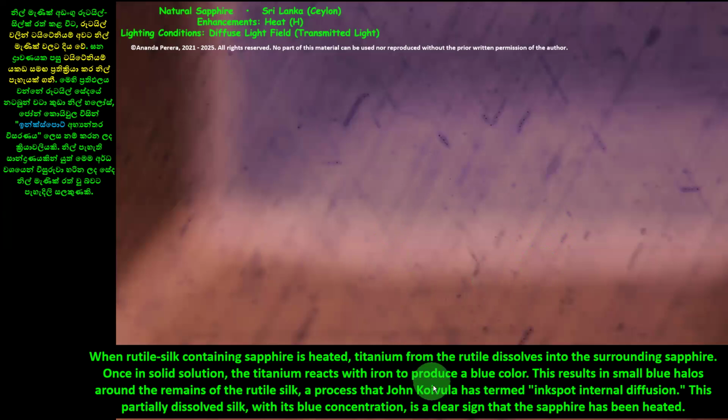The process that John Koivula has termed ink spot internal diffusion is the name given by the gemologist for this. This partially dissolved silk with its blue concentration is a clear sign that the sapphire has been heated. So it is heat treated.